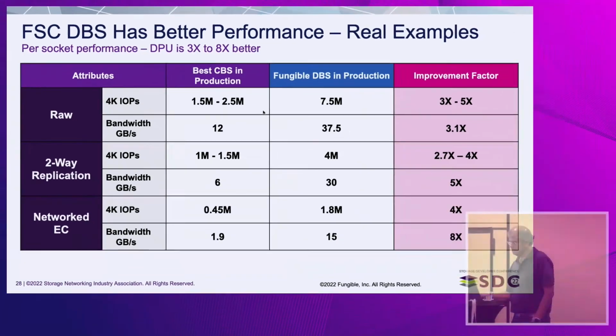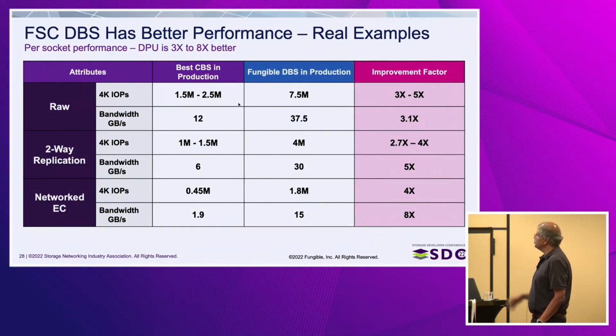So, performance, I have some performance comparisons here. Performance comparisons are really hard to make, as you guys know, right? I mean, it depends upon how beefy of a server you use when you look at CBS, the CPU-based storage versus DPU-based storage. Are you using the same protocols? There's just a lot of things that go into it.